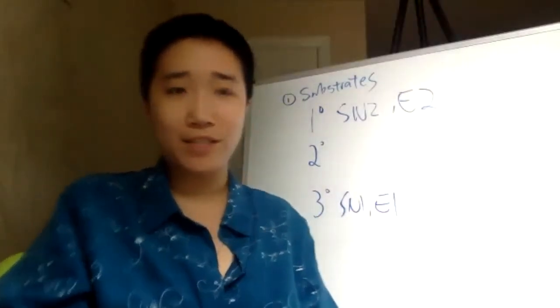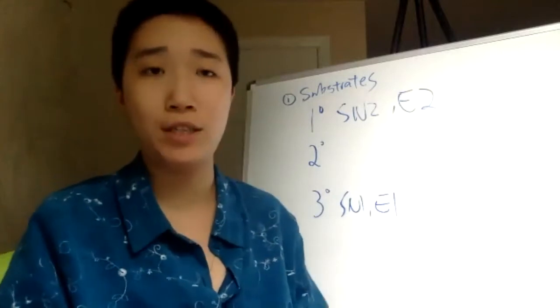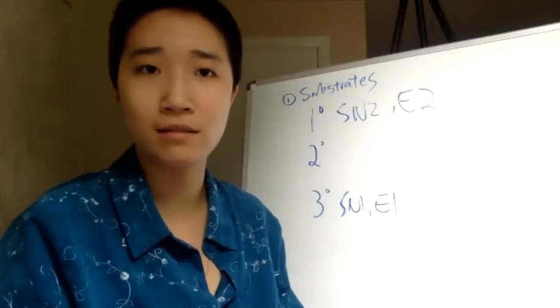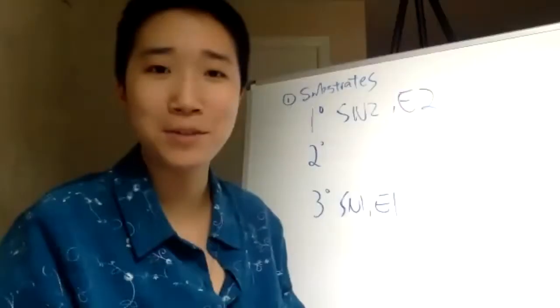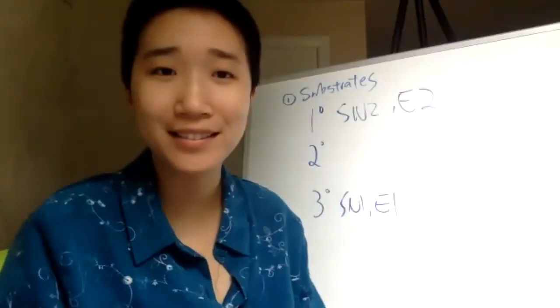What about secondary? Can we rule anything out with the secondary carbons? No. Somebody is shaking their head. Karina, were you saying something? No, because if you're looking at a Venn diagram, they fall in the middle, so it could possibly be either one, so you can't rule anything out. Yep.